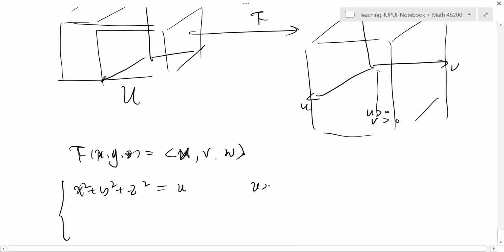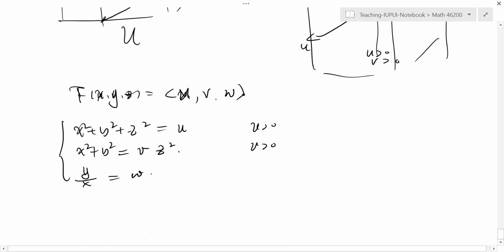U is positive, and x squared plus y squared equals V, Z squared. V is positive. Then y over x equals W, an arbitrary number. So for given U, V, W, we try to find x, y, z. Are we able to find them?